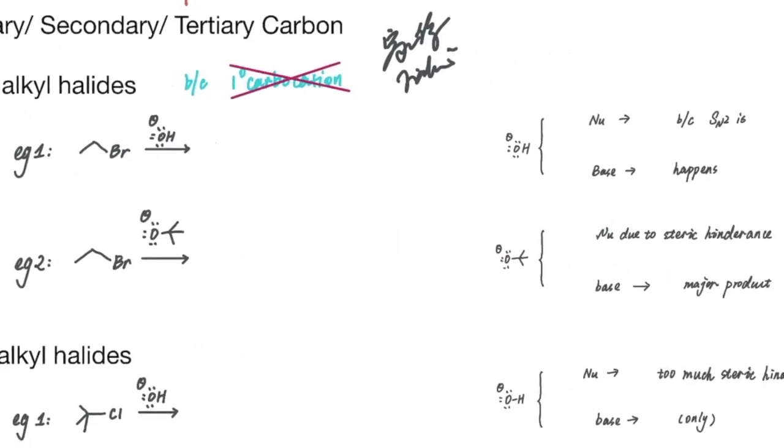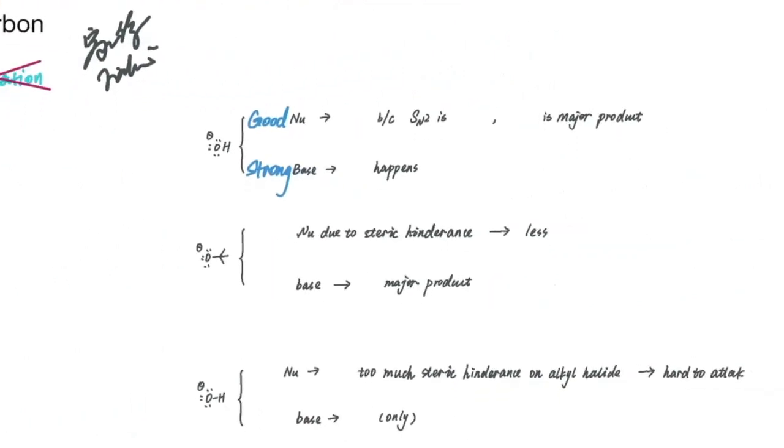OH minus is a good nucleophile and also a strong base. Okay, so in the first example, SN2 is faster. So SN2 is going to be the major product.